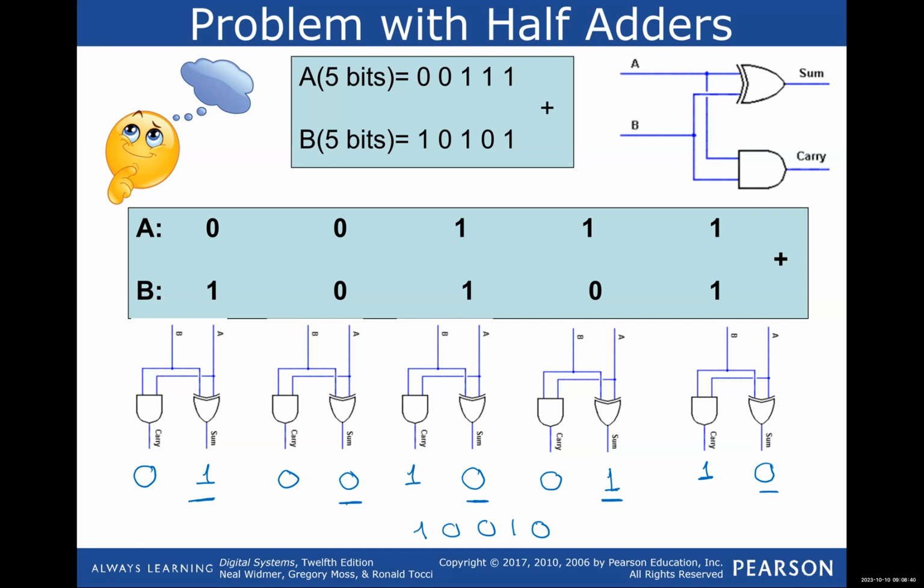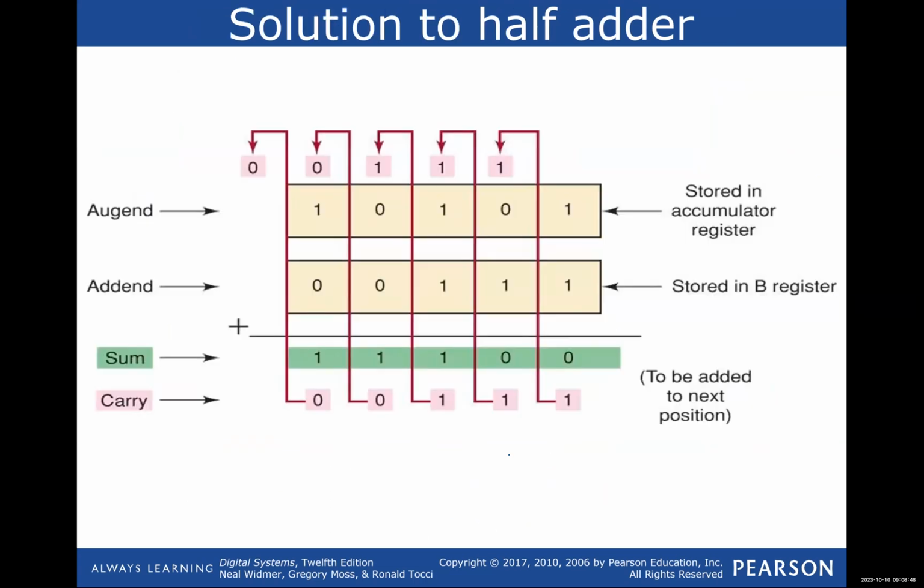Do we all agree? So to solve this problem, instead of designing what we call a half adder, we're going to be designing what we call a full adder. Now, how does it work? See, we have here these 2 numbers. You have your summation, 1 plus 1 is a 0. You carry over the 1 to the next position. Now, how many inputs do you have? 3.